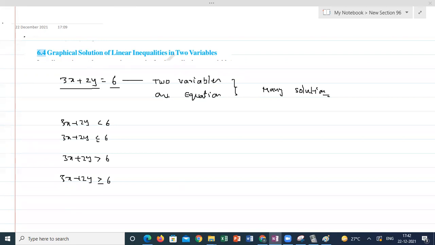So how many possible sets of x, y values can there be? That is the solution set of that first expression. Suppose I'm taking this as the first expression, here also many solutions will come. So this is the first expression I'm considering, this is the second expression, third expression, fourth expression.